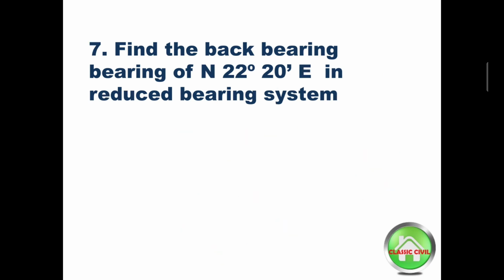Question number 7. Find the back bearing of north 22 degree 20 minute east in reduced bearing system. Here we have to find the back bearing in a reduced bearing system.